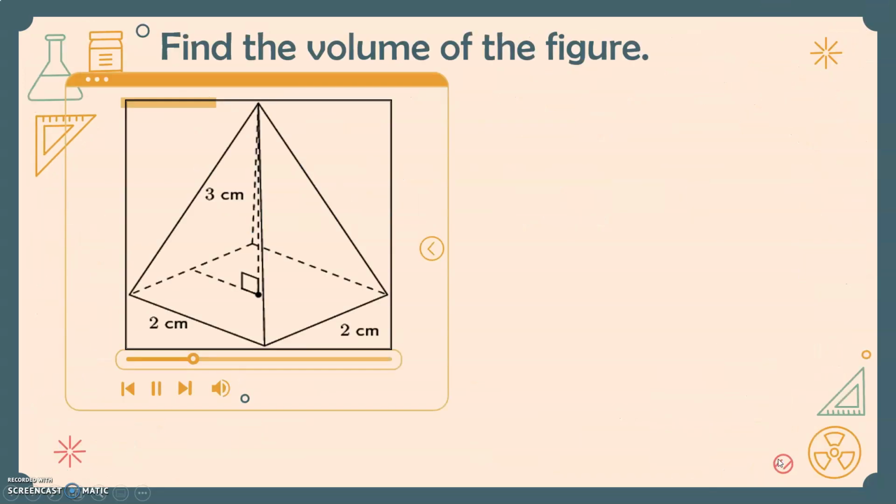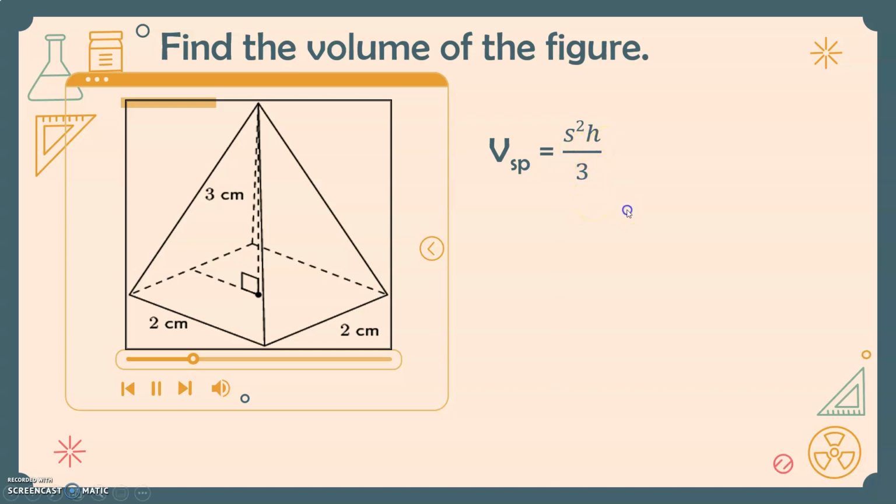Now let's have some examples. Find the volume of the figure. We're given here a square pyramid since the sides of the base are equal. Then the height of this pyramid is 3 centimeters. So we will use the formula s squared times height divided by 3.